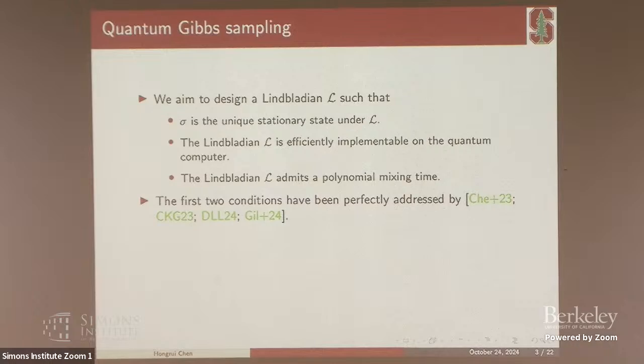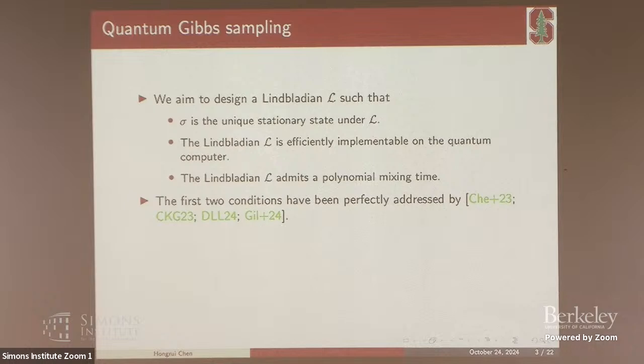For these three conditions, the first two have actually been perfectly addressed in the past two years by a series of works from Andreas Gilyén, Hongrui Chen and others, and also the work by Ding, Bo and Li.